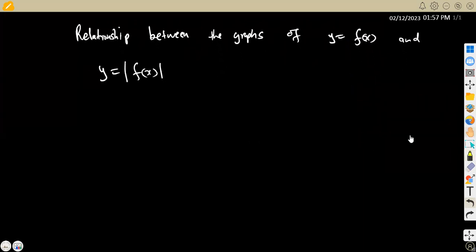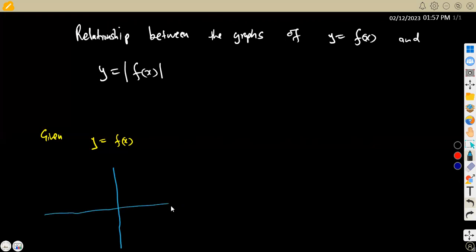Let's say we are given y equals f of x, and this can be represented as, let me just have a sketch. This is just a sketch, guys. This is our y equals f of x.